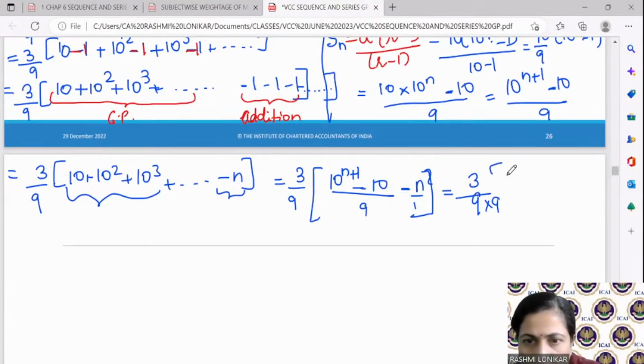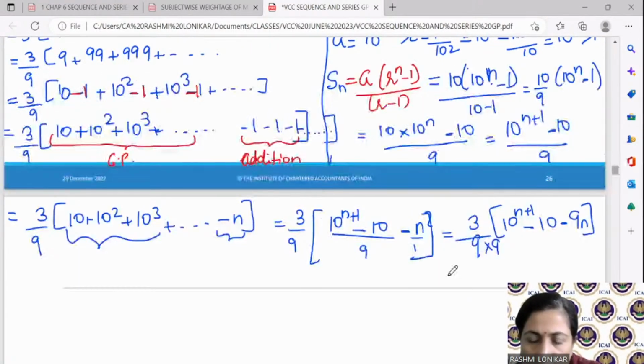What will I be left with? 10 raised to n plus 1 minus 10 minus 9n. Okay. So this is what I get. So this is equal to 3 upon 81, 10 raised to n plus 1 minus 10 minus 9n.